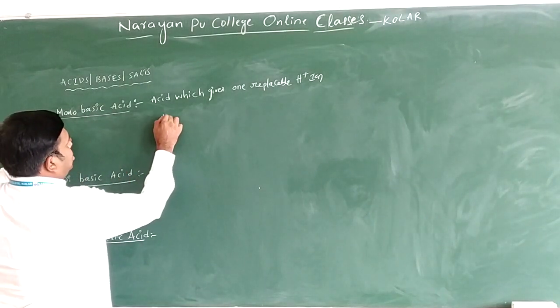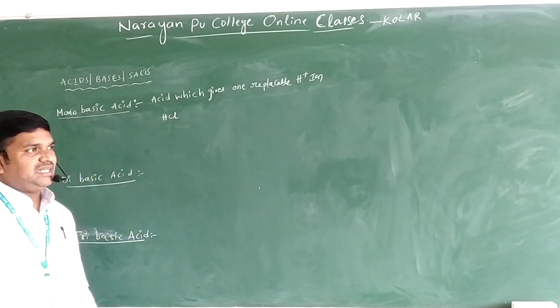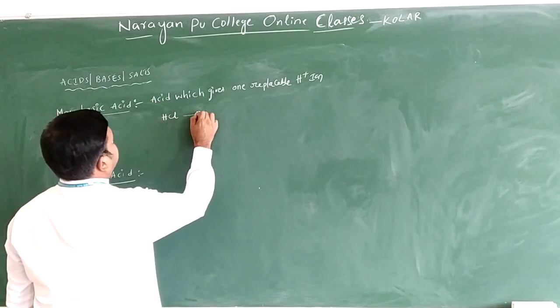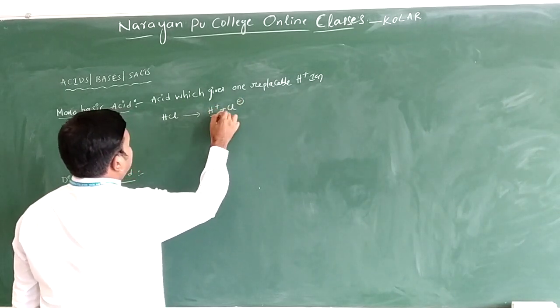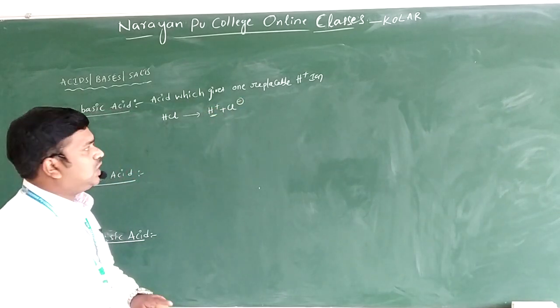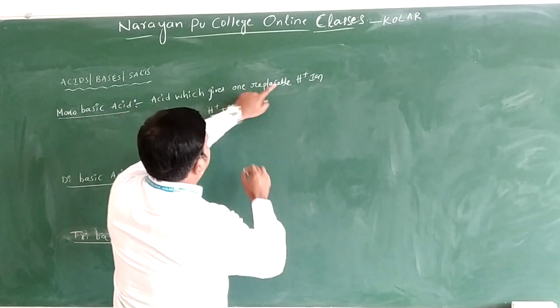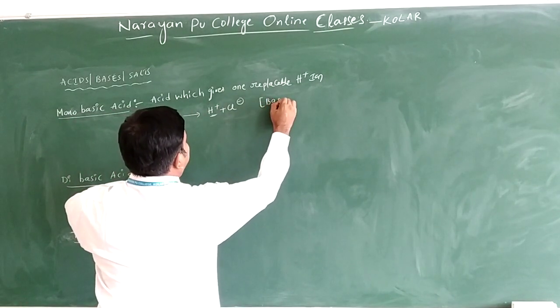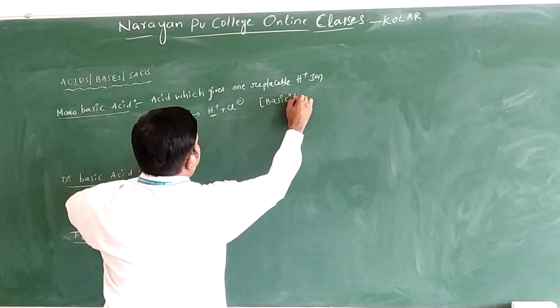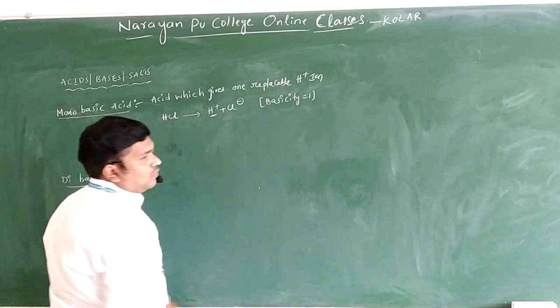Let us say an example: HCl. HCl dissociates into H plus and Cl minus. How many H plus ions are obtained here? 1 only. So simply we write basicity is equal to 1.